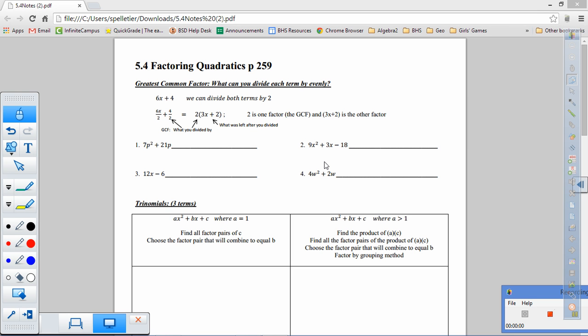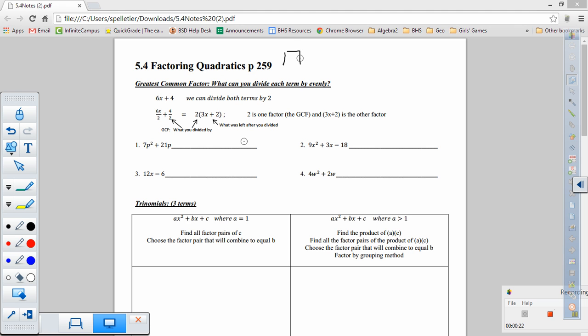Okay, this recording is on using the strategy of greatest common factor to factor a quadratic. So just a little history before we actually start using the greatest common factor strategy: think about factoring like division. We have factor 1 times factor 2, and sometimes times factor 3 or 4 or 5.